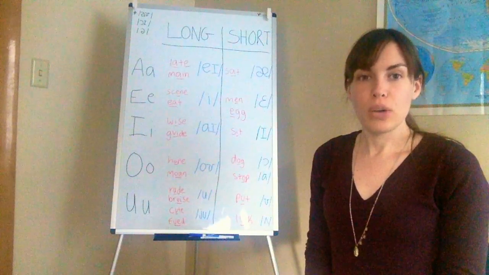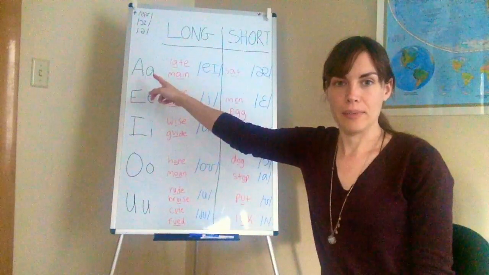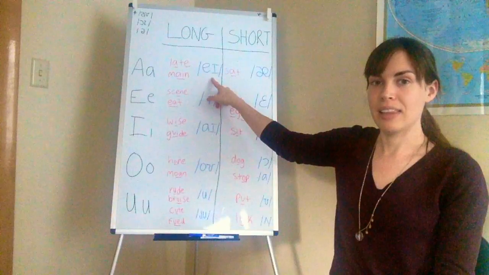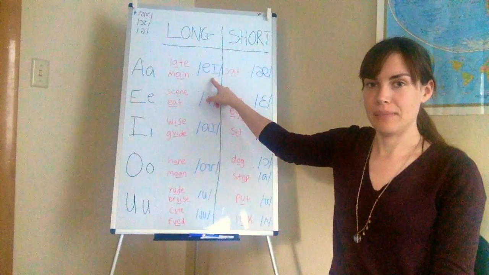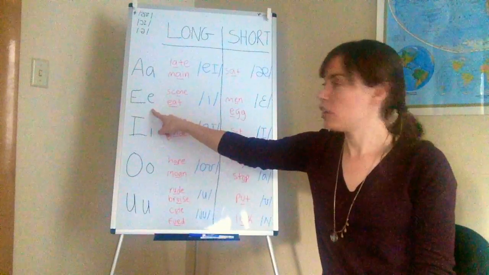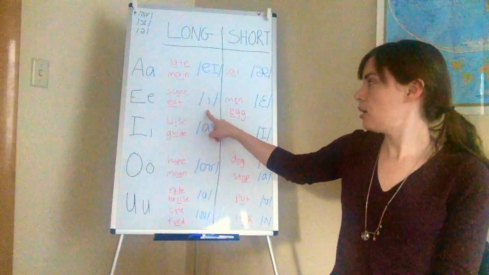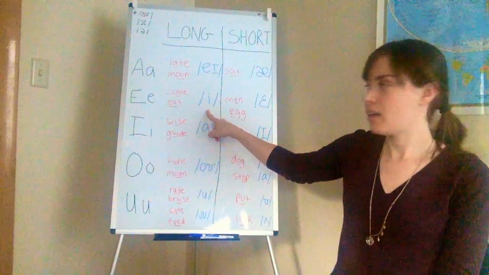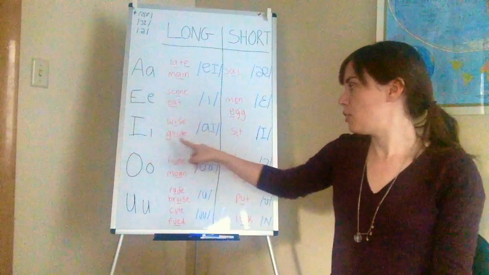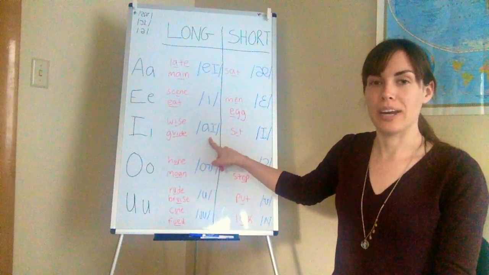So we're going to go through each one. For the letter A, the long version is pronounced A, like in late or Maine. For the letter E, the long version is pronounced E, like in seen or eat. For the letter I, the long version is pronounced I, like in the words wise or guys.